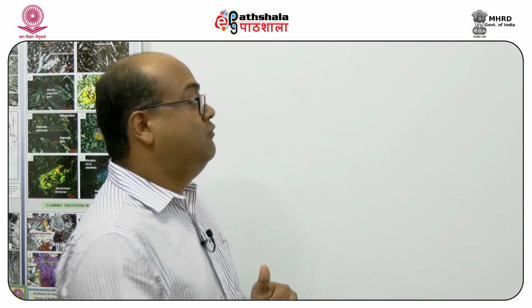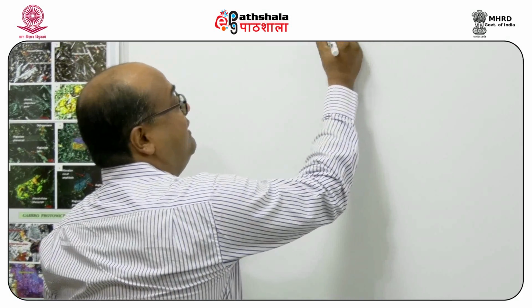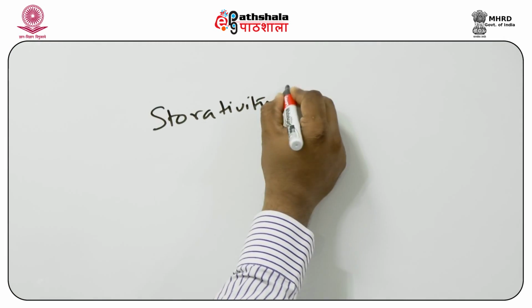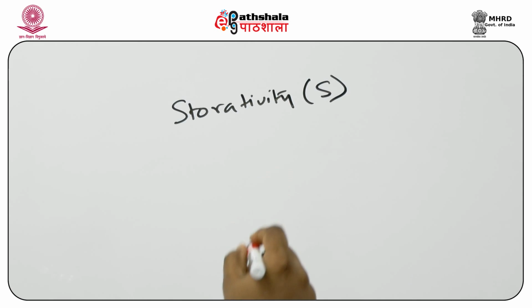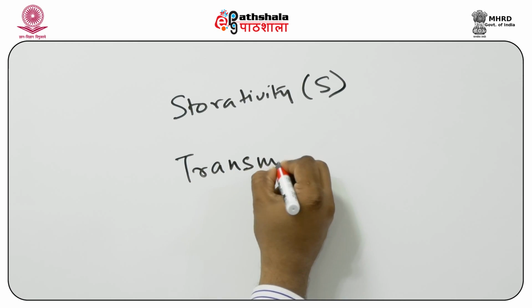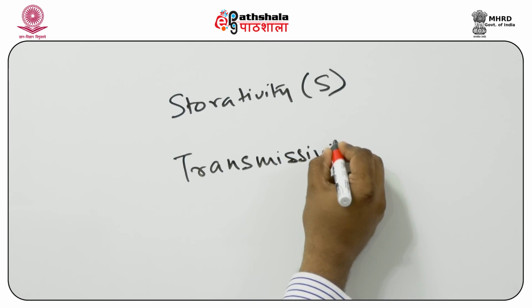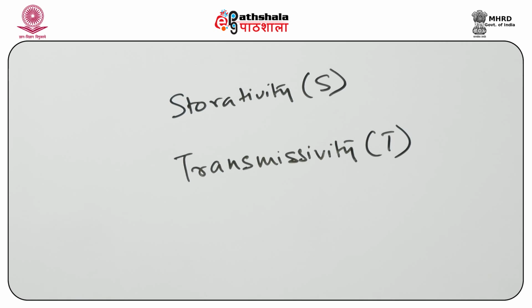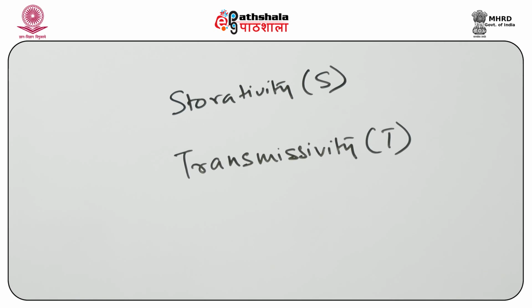For example, one is storativity, which is defined by capital S, and another is transmissivity, which is given by capital T. So the storativity is a property of the aquifer.